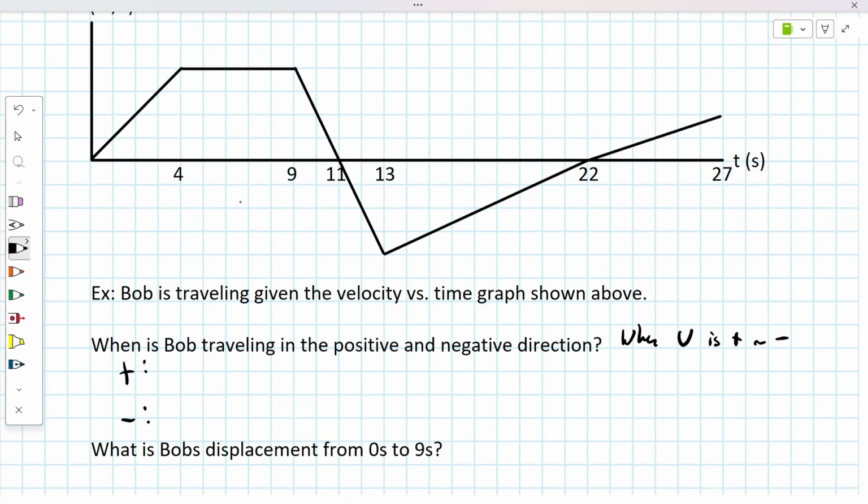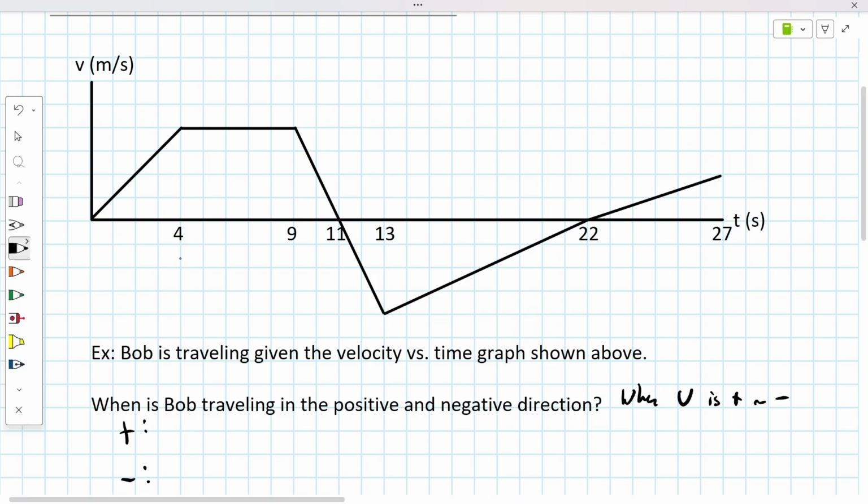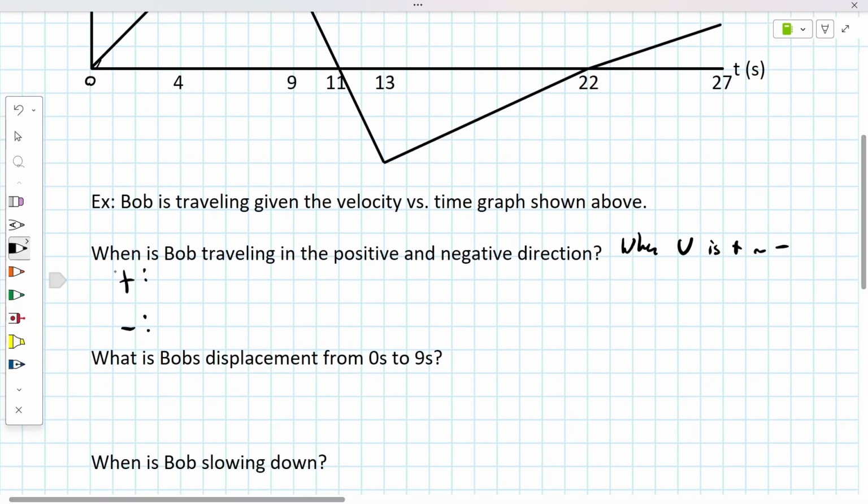So that means that during this whole first segment, this is all the positive area. It's all positive here. Right? So that means that from time 0 to time 11 seconds, Bob is traveling in the positive direction. Okay?